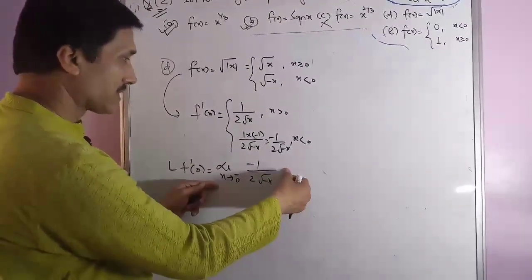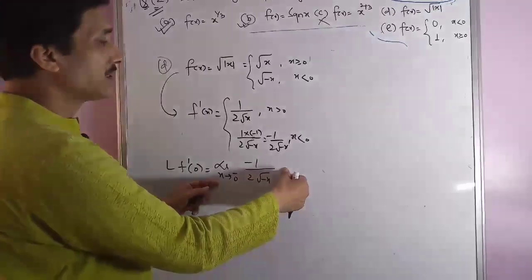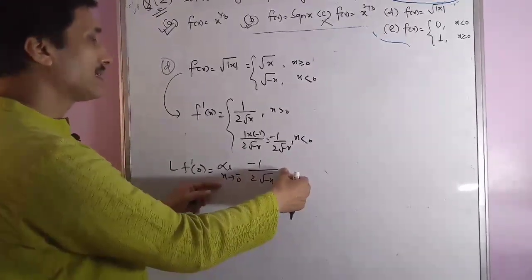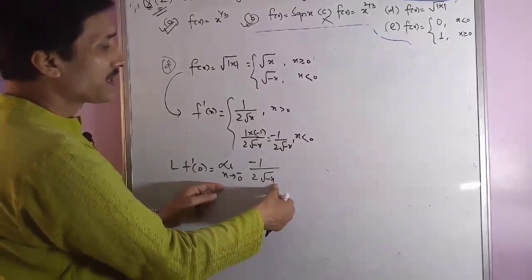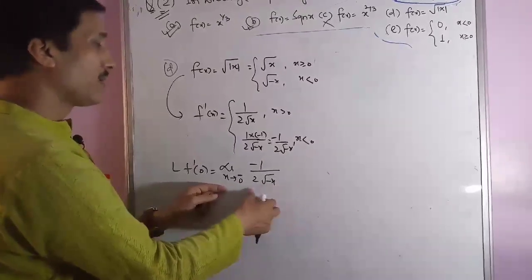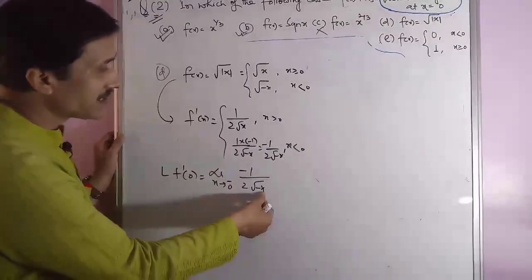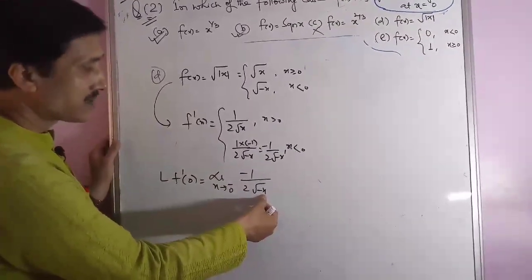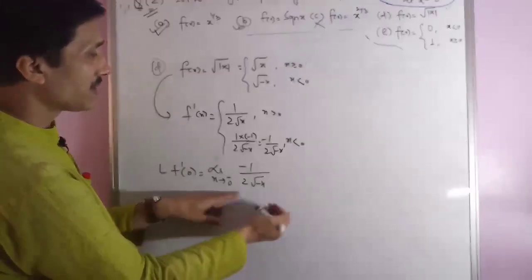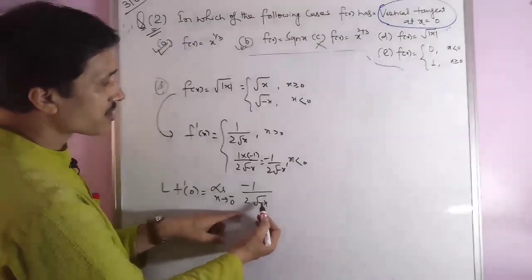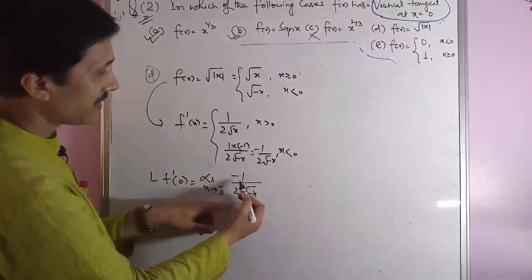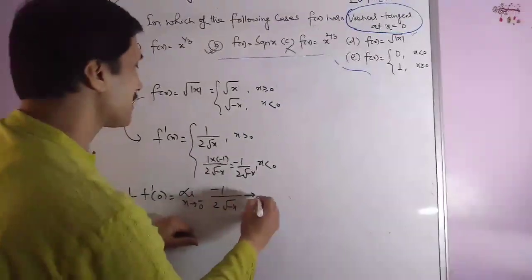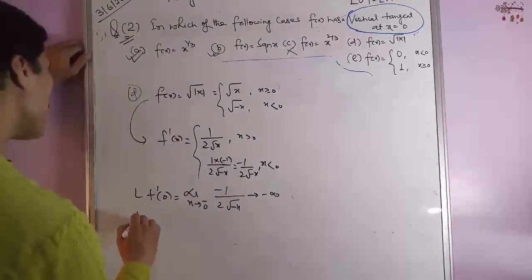We proceed by converting it in terms of h, limit h tends to 0, and in place of x we write 0 minus h. It will have the same effect. Here x is negative, so minus x is positive. When x tends to 0, this is positive 0, h tends to 0 from the right, that is 1 by 0, infinity, and this minus sign makes it minus infinity.